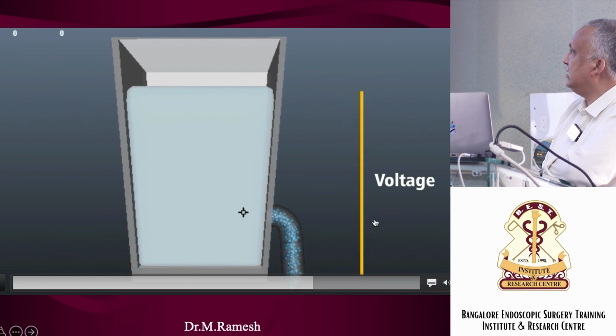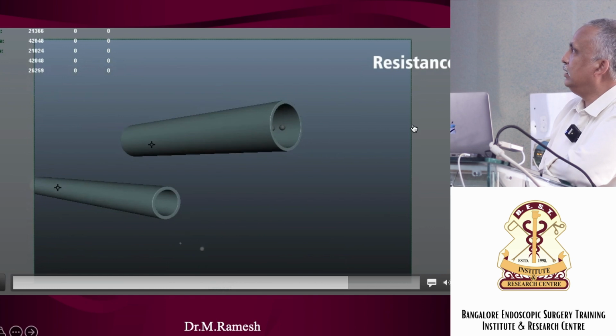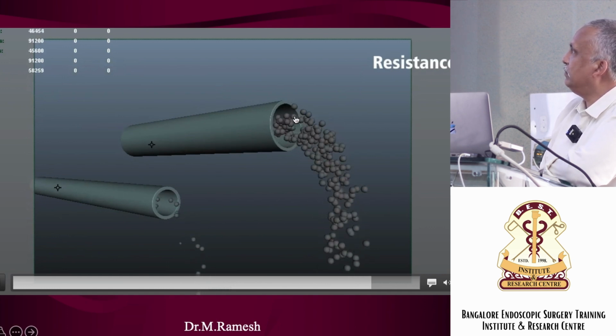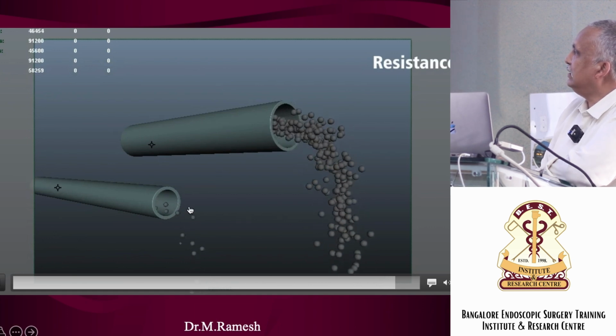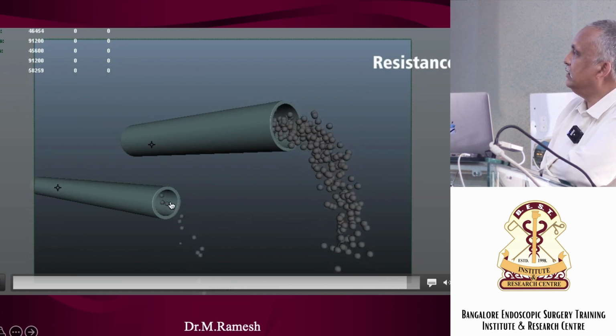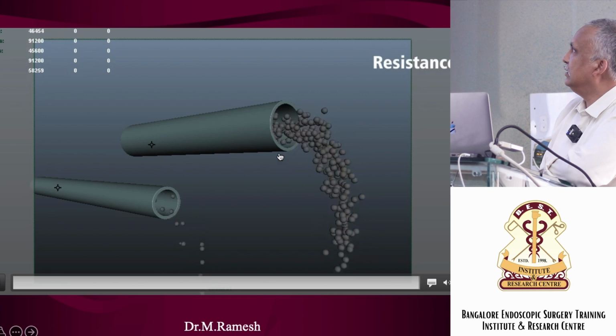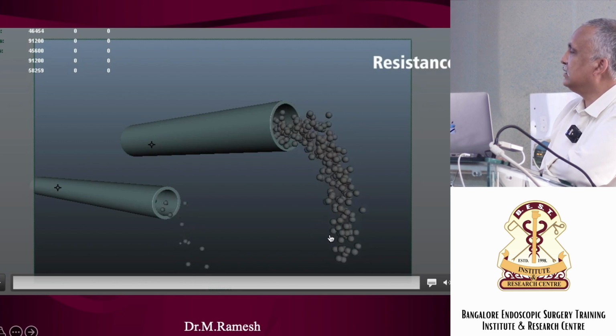So the voltage is the pressure with which the water is coming. The higher the water tower, the more the voltage. The resistance is offered by the pipe: the thinner the pipe, the less the water that is coming. The bigger the pipe, the more it is coming.